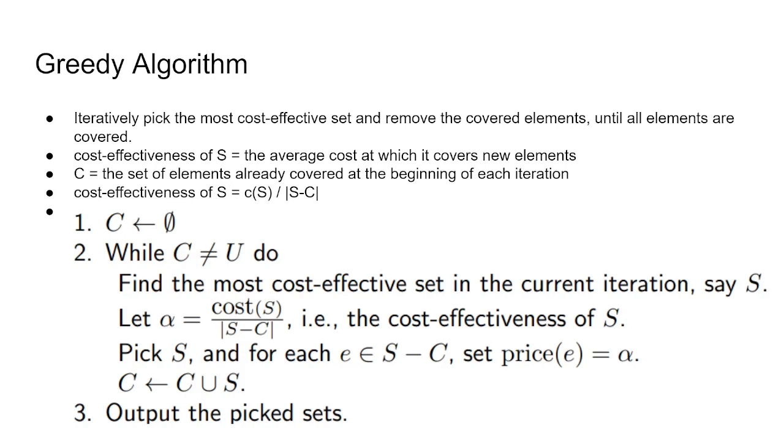So let's say C is the set of elements already covered at the beginning of each iteration. Cost effectiveness of S would simply be the cost of the newly added set S over the newly added elements in that iteration. So it's simply the difference between S and set C. And the chart below is the official algorithm formally written.